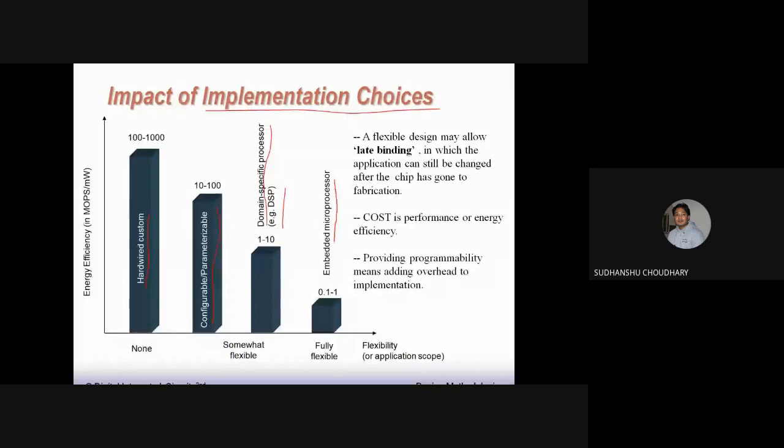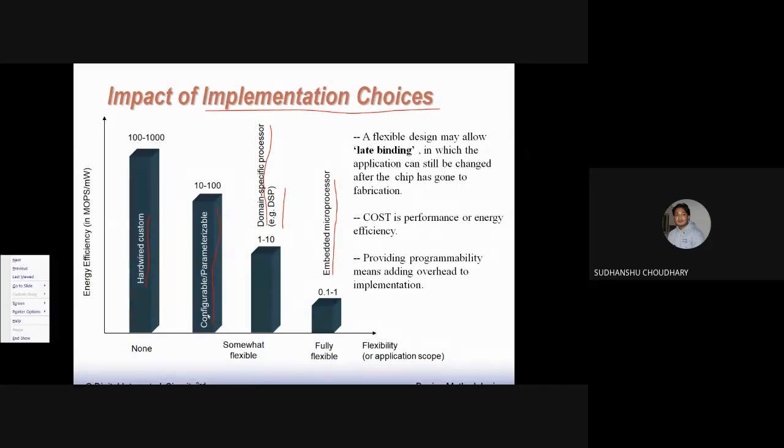So that may be called an embedded design methodology, or an embedded microprocessor can be produced. So what is hardwired or custom? Hardwired or custom design methodology means that the connections in the design are fixed. That is, the chip is already optimized, and there are no possibilities of further optimization or further design changes or function changes. So that is hardwired or custom.